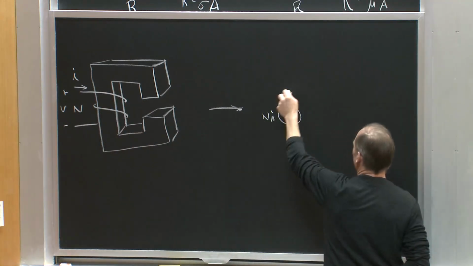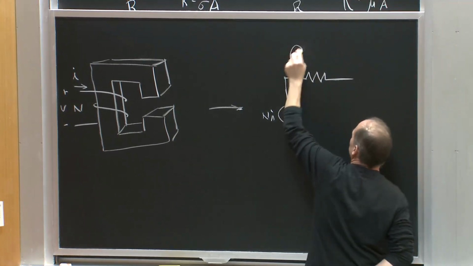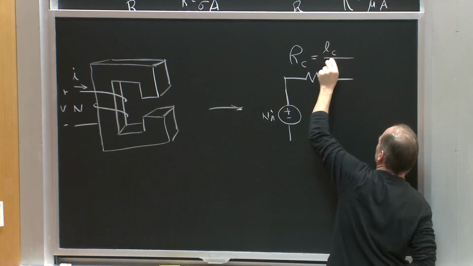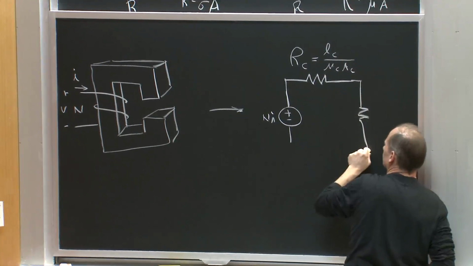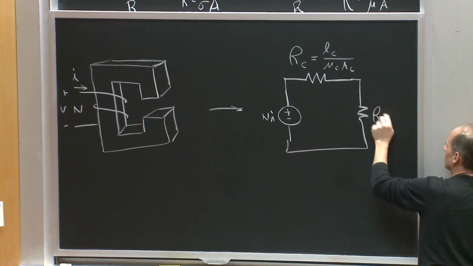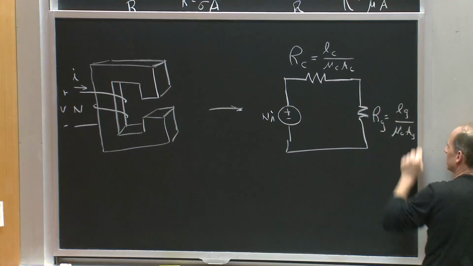Then I would have the reluctance of the core, which is equal to LC over mu C AC, and the reluctance of the gap is equal to LG over mu naught AG.